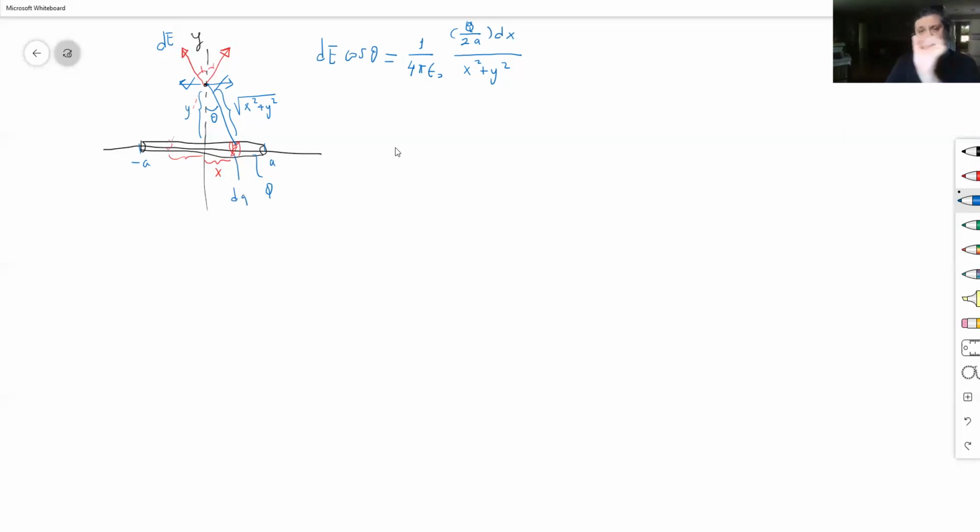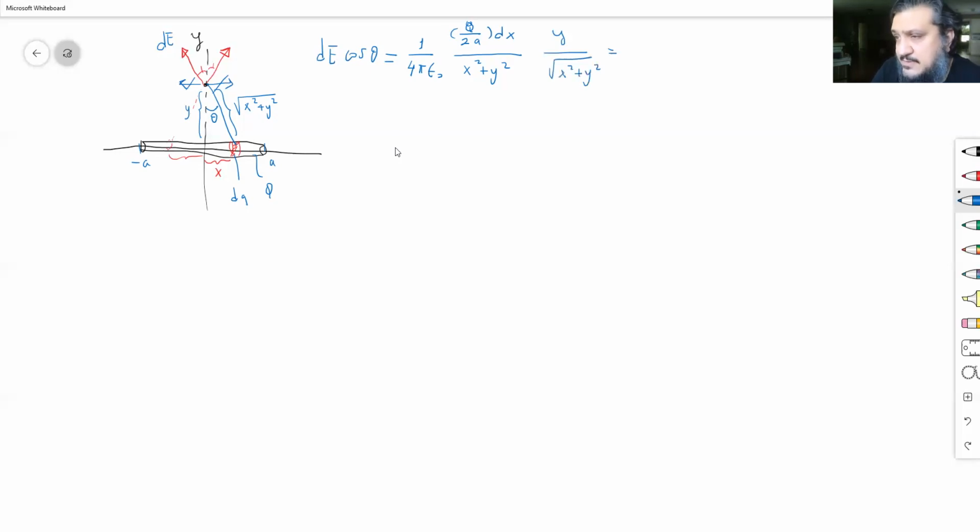And I'm going to move that dq along the x-axis. X will change, but the value of dq will not change. It's coordinate independent. It's a uniform charge distribution. Now this is dE. Now I need to multiply it by cosine theta, which is y divided by square root x squared plus y squared.